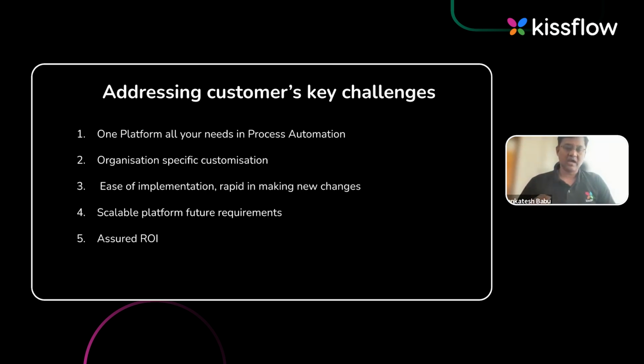When you have multiple platforms, multiple processes, you are using various tools and techniques within the low code platform, or even some custom builds, and after some time, future enhancements or making any changes become a nightmare to implement. So that's one platform which helps you do all your process automations, specific to the organization and customized towards the organization's requirements. That is the main thing.